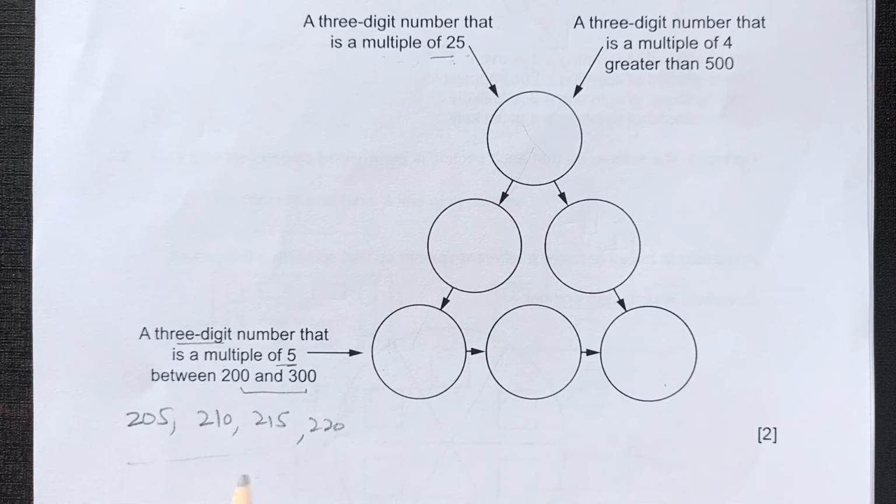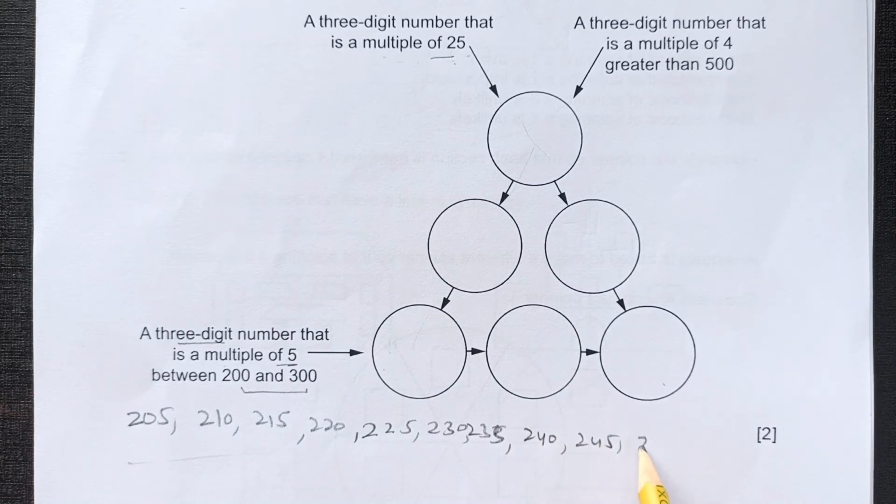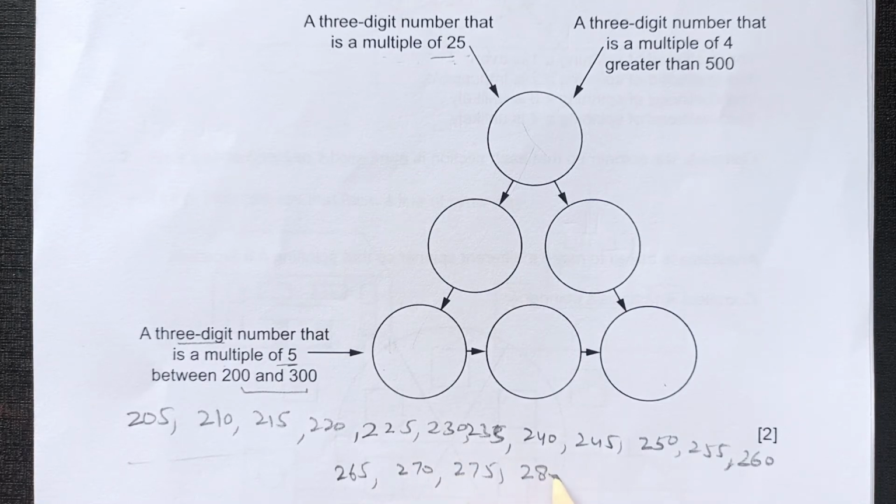Okay, no option, we have to go like that. 225, then 230, 235, 240, 245, and 250, 255, 260, 265, 270, 275, 280, 285, 290. Okay, between. So we are not including those numbers. So we have these numbers that can go here, right?